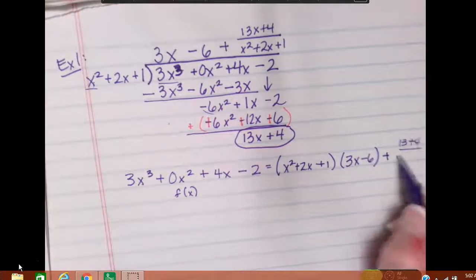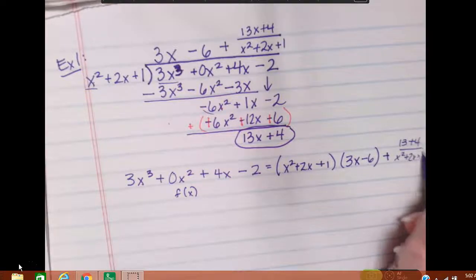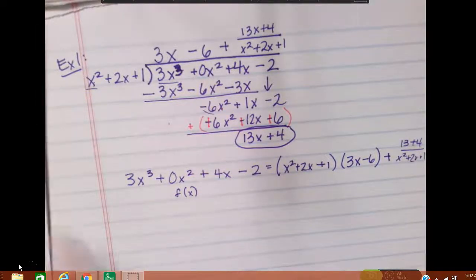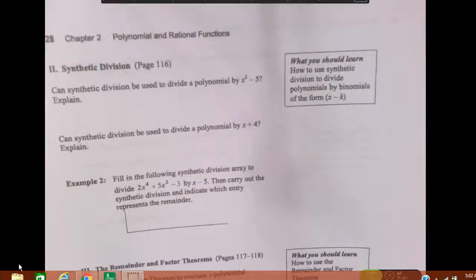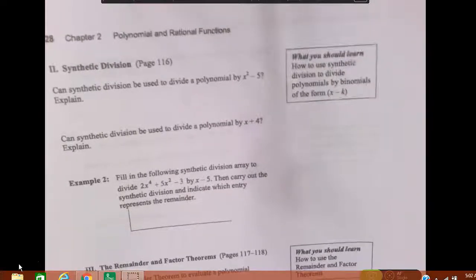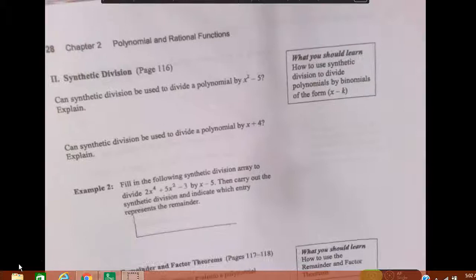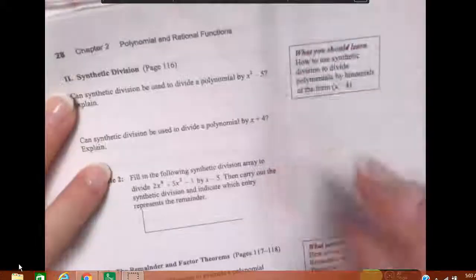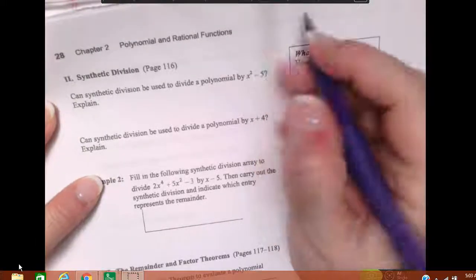I want to make sure that I'm not using words that are confusing. Okay, so synthetic division. This is a nice shortcut that you can use. The only issue is we can't use it to divide by any higher order polynomials.